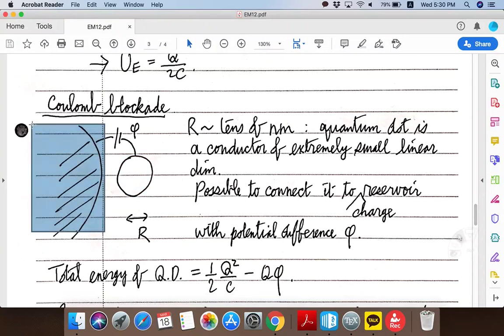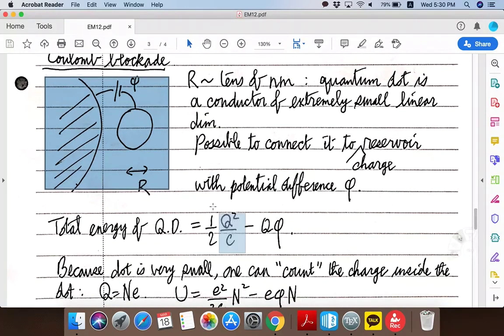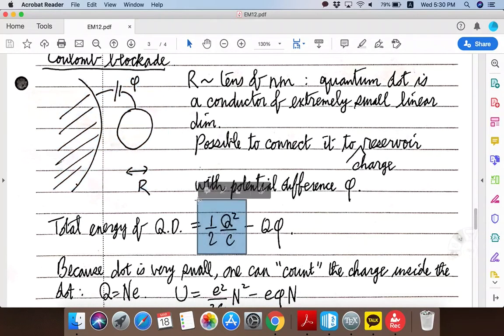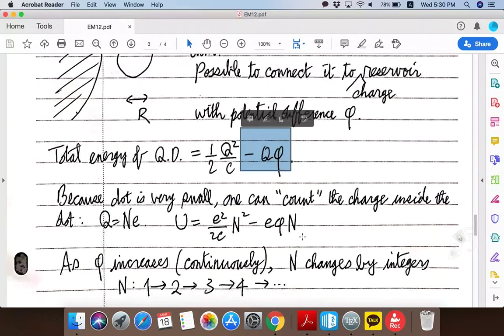So under this setup, the total energy of the quantum dot is this energy, which we have already discussed, plus the extra bit here coming from the fact that this quantum dot as a whole is placed under some potential phi. Okay, so that's what creates this extra term here.